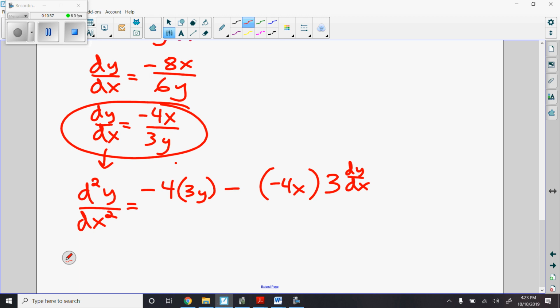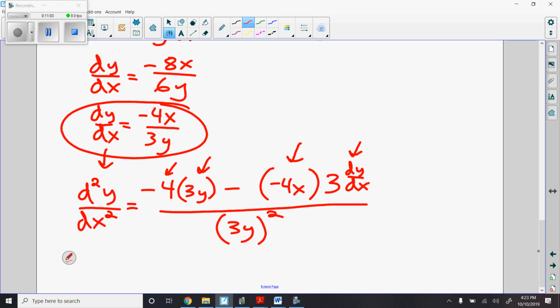So again, derivative of the top times the bottom, minus the top times the derivative of the bottom. Notice that dy dx popping out because the derivative of 3y, I have to multiply my derivative 3 by dy dx. And I'm going to divide the whole thing by the bottom function squared. Make sure you put parentheses around that 3y to square.